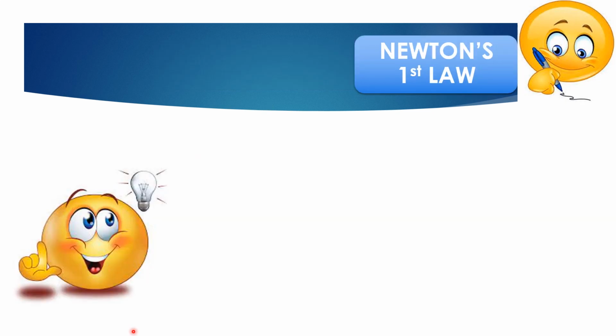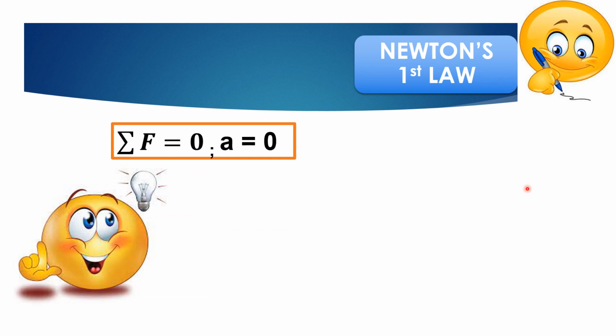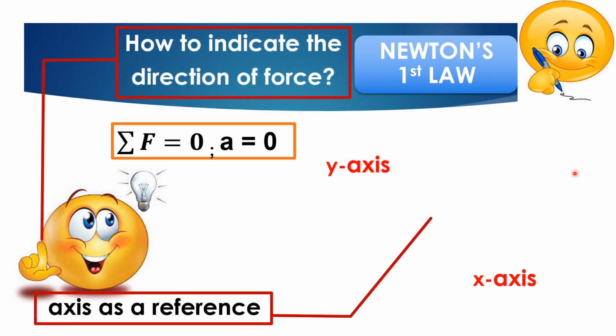Okay, now I want to share with you how to identify the direction of force according to Newton's first law. So recall the condition for Newton's first law: the net force is equal to 0, where the acceleration is also 0. To indicate the direction of force, first we make an axis as a reference.